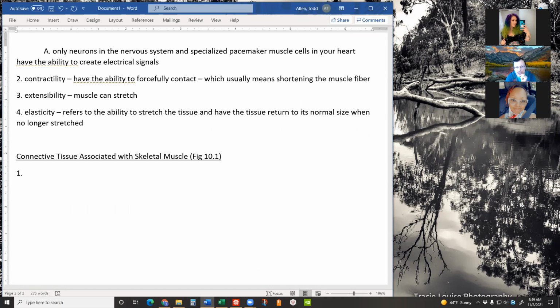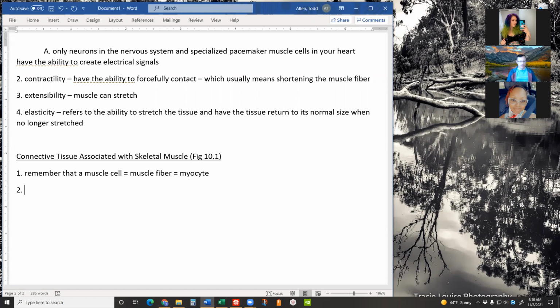So first, a couple things to remember. We know that a muscle cell is also known as a muscle fiber, which is also known as a myocyte. Those three terms are synonymous. Remember that a muscle cell equals a muscle fiber, which equals a myocyte. Okay.